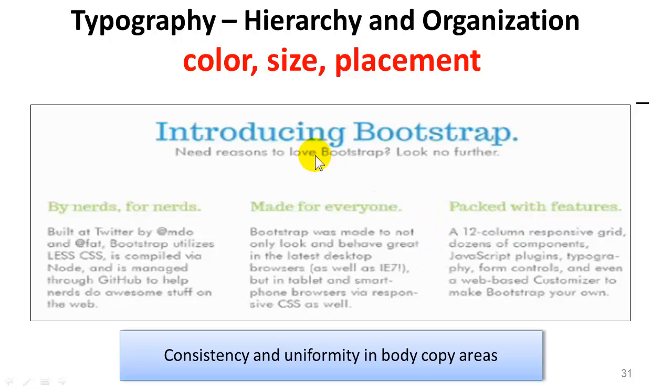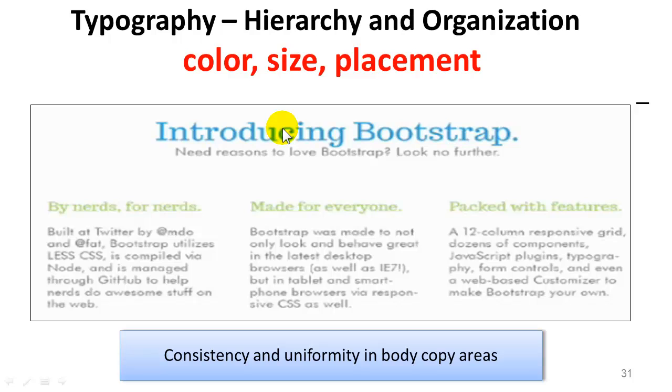Notice the separation with the white space. Notice the unity. Same color, same size, and the paragraphs. So we're looking at type, how it organizes each section. It creates a hierarchy. It lets us know where the title is. It lets us know the overall idea to be found here.